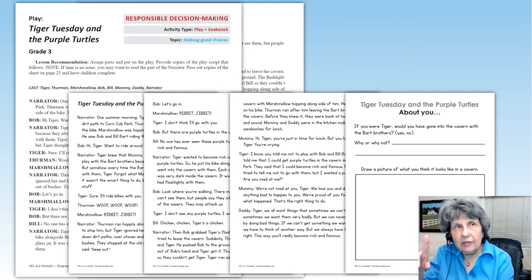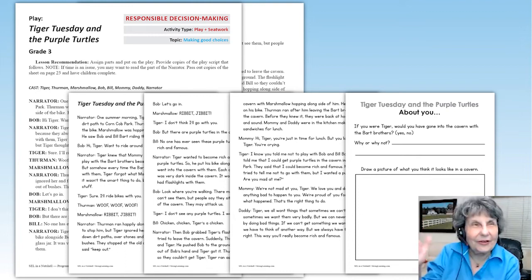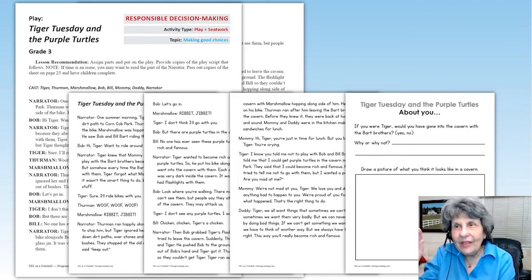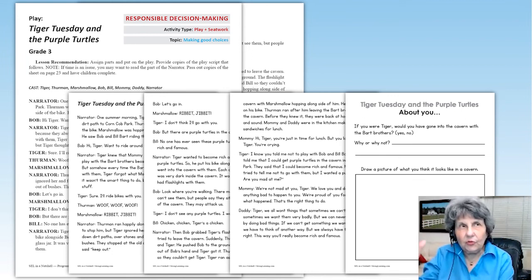This story is about Tiger and his 2 friends, the Bart brothers. AR, if any of you know the Orton-Gillingham, there's your R-controlled. The Bart brothers are always in trouble, and his mom and dad told him, don't go with them. But they said to him, if you go to this cavern, we can all go in there, ride our bikes over to it.